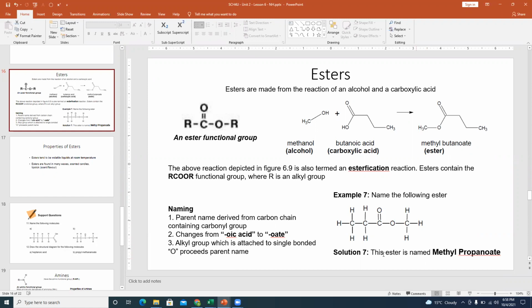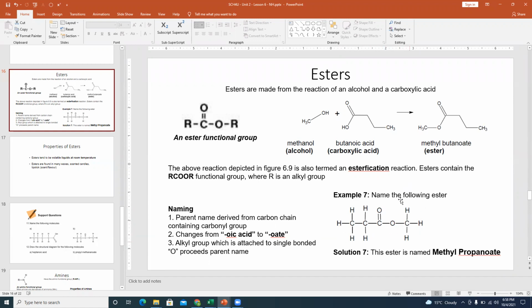And how do you name this? You name it as methyl propanoate. Okay, so the methyl and then propanoate. Because this 1, 2, 3 carbon part, this propane part, is the part that has the carboxylic acid.